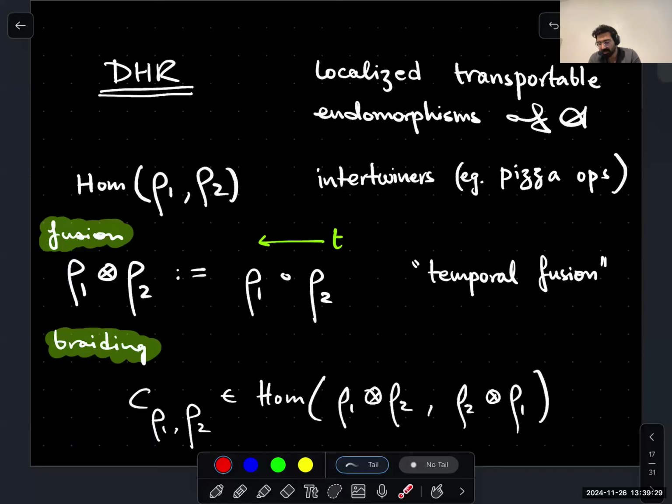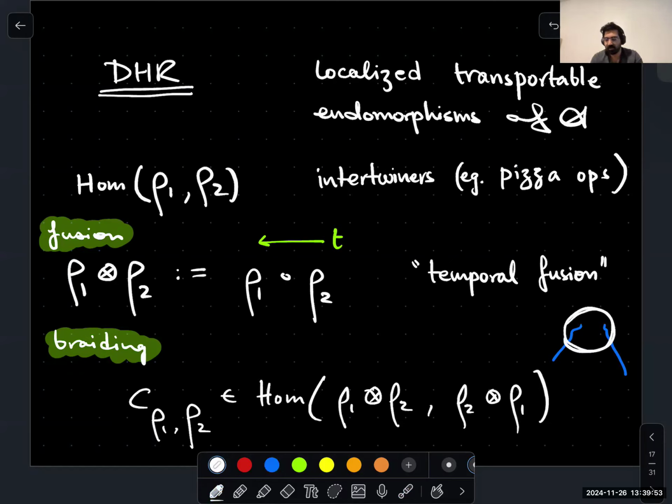And notice that usually you think of anions being fused as a spatial fusion. You take some anion over here, you take some anion over here, and then your fusion is saying that you're going to bring them close enough, and then only consider some region that's outside where these two anions lie.